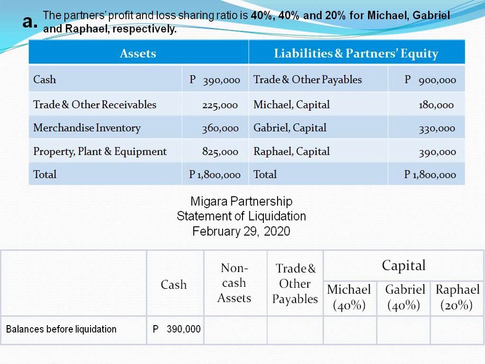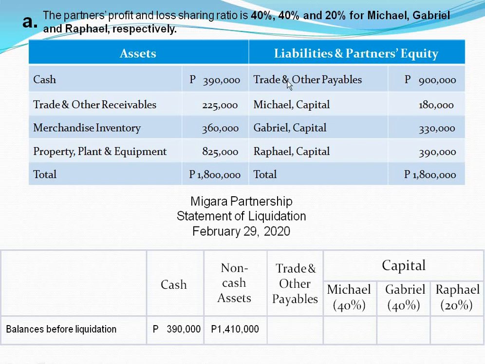390,000 for cash. For the non-cash assets, we have to get the total of these three. 225,000 trade and other receivables plus 360,000 merchandise inventory plus 825,000 property, plant, and equipment will give us the total non-cash assets of 1,410,000.